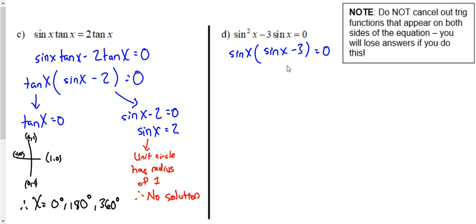And from here, setting both of these factors equal to 0, you get sine x equals 0 and sine x minus 3 equals 0. And of course, this right side here, sine x equals positive 3. Therefore, right away, no solution.